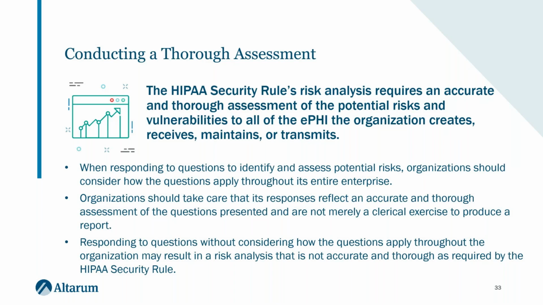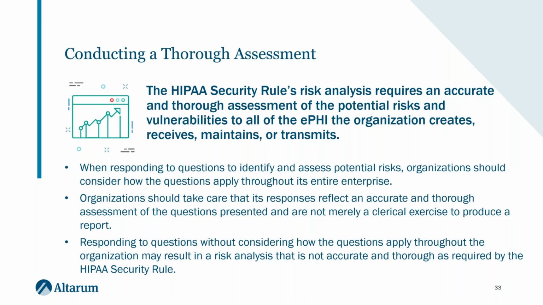But I assume if you're attending this webinar, you're probably plugged into OCR or ONC, ASTP listservs or social channels. If you keep an eye on those, look out for notifications about the release of SRA tool version 3.5, so you can be sure to download it when it's available.